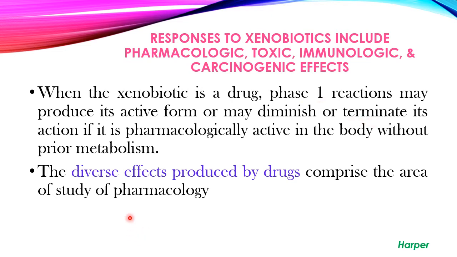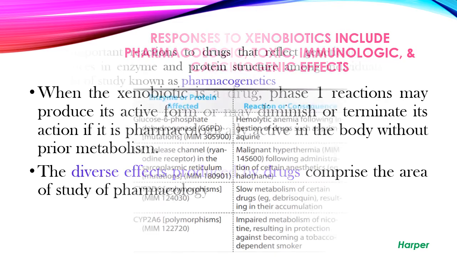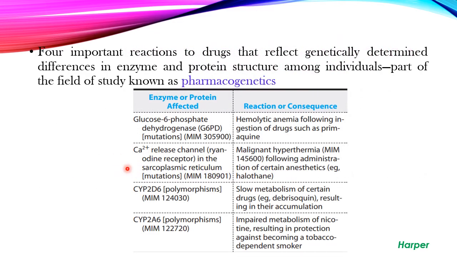There is a very diverse science called pharmacology, in which we study the diverse effects which are produced by these drugs. Responses that are generated against drugs are always different in every individual.